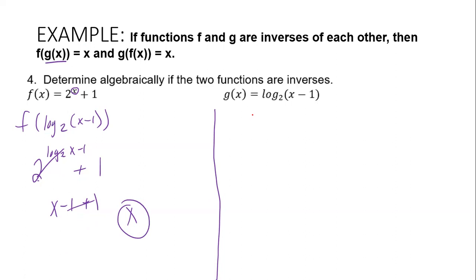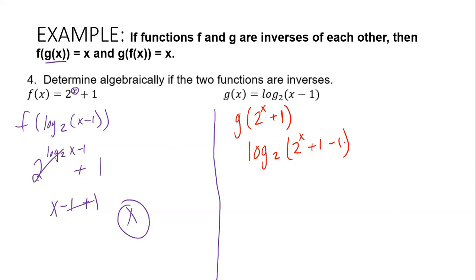All right, so we're going to do g of f of x. So this time it is g composed of 2 to the x plus 1. And so we have log base 2, and instead of x, it's 2 to the x plus 1, minus 1.